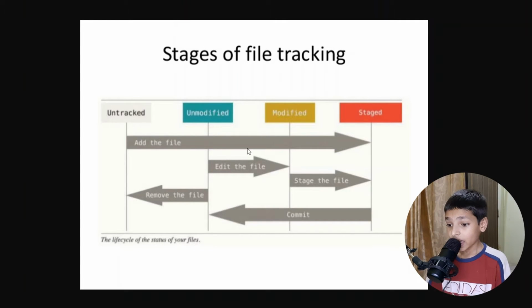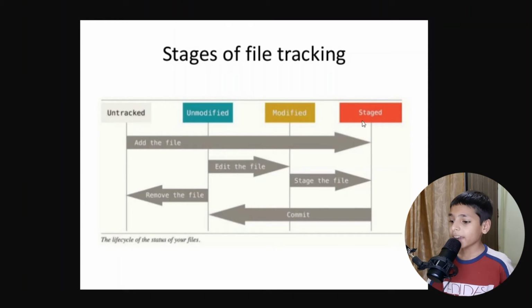And then if we edit this file, it will become a modified file. Okay, and when it becomes modified, one more time we stage this file, and then it goes to the staged area, then we commit it.